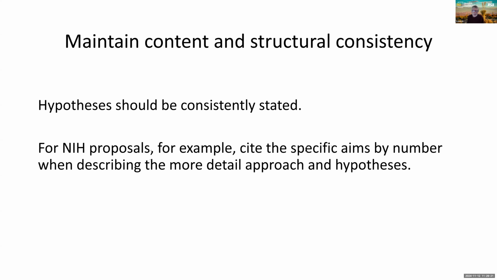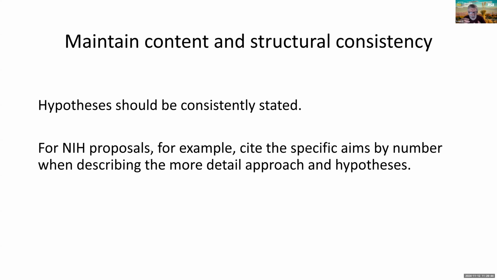Now, I noticed recently in an NIH proposal, I think last week, there was your specific aims page, and that's your summary page at the beginning, that basically tells the reviewer what you're going to be doing. But make sure that those aims are consistently stated throughout.